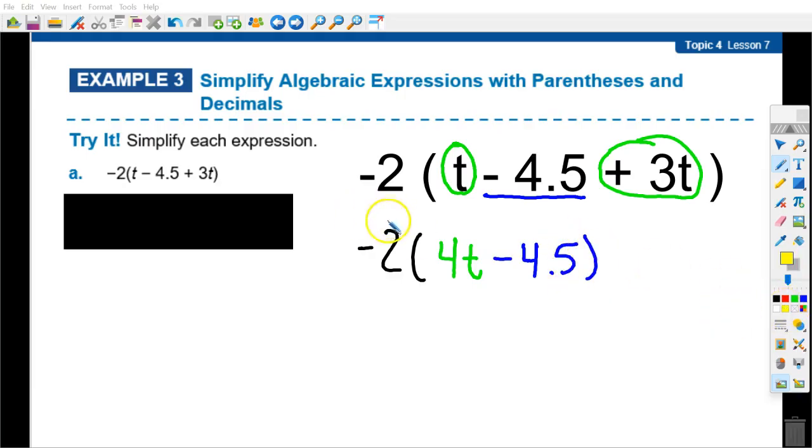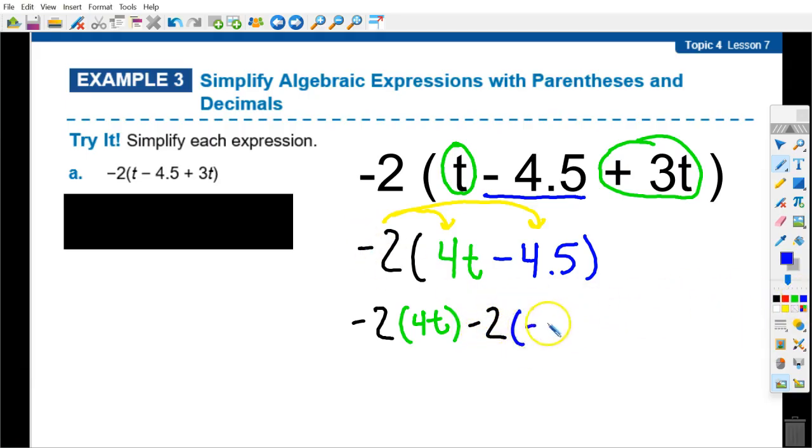So we must distribute the negative 2 to both terms on the inside. So we've got negative 2 times 4t. And then we have negative 2 times negative 4.5.